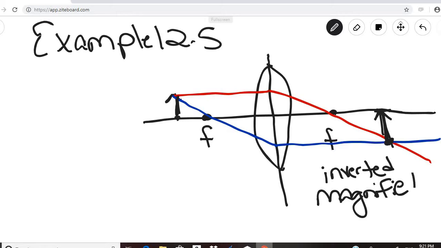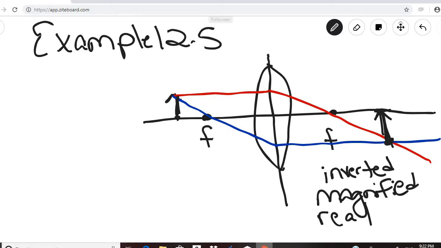And because the lines intersected without needing to be extrapolated, then we would say it is a real image. And when we say that it is a real image, that means that when you look through this lens, it will look to the observer as if the object is on the other side.